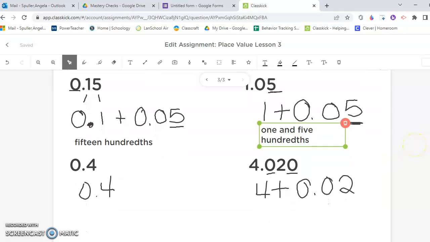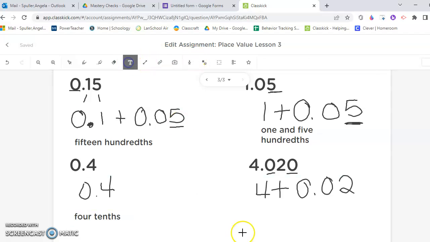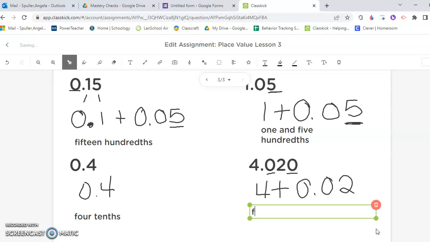Okay, go ahead and pause this video and try those last two in word form and see if you got them correct. All right, for this one, you should have said 4 tenths because it ends in the tenths. Now, this next one's kind of tricky. And there's two ways we could read this. We could say 4 and 2 hundredths.